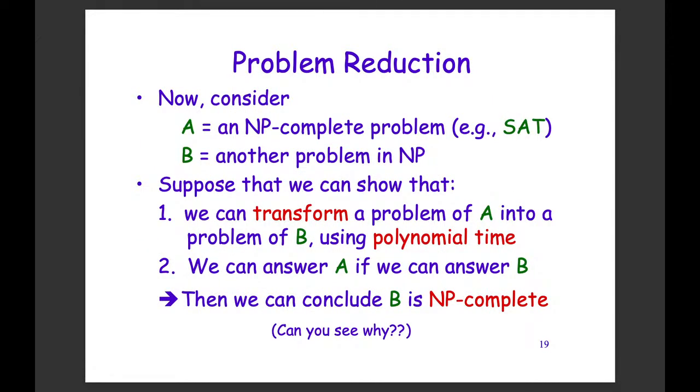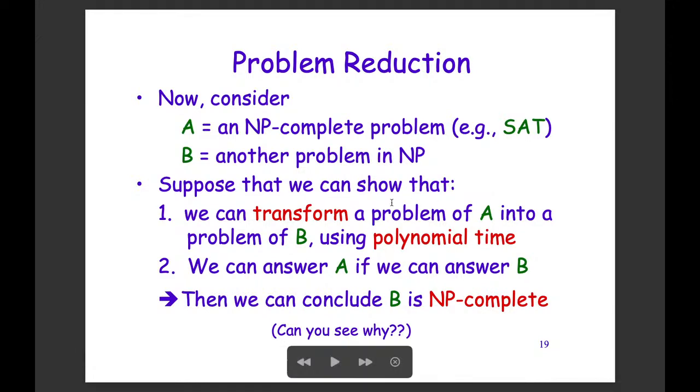Okay, now let us consider this idea. Suppose that A is a known NP complete problem, and B is another problem in NP. Suppose we can show the following two things. The first one is that we can transform the problem A into a problem of B in polynomial time.